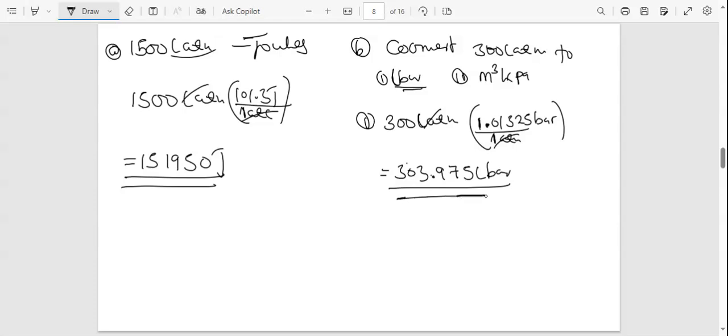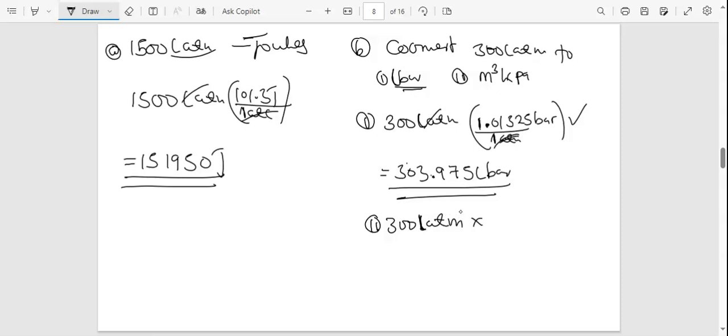So that is it about this one. We have just cancelled and brought the relationship we talked about. Now for the second one, we are taking the same 300 liter ATM, then into what? First of all, I'll change these liters.